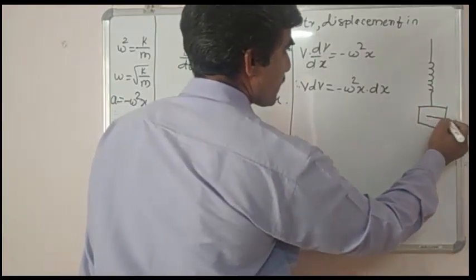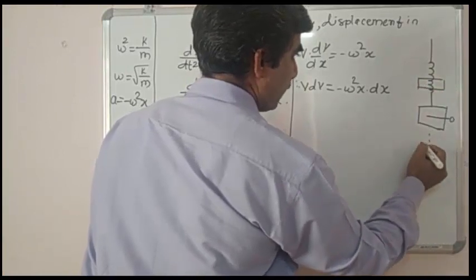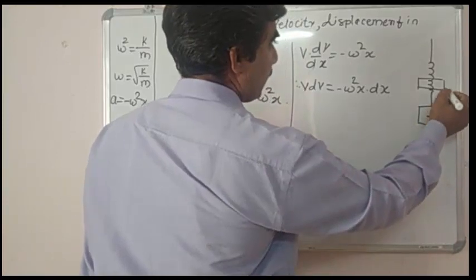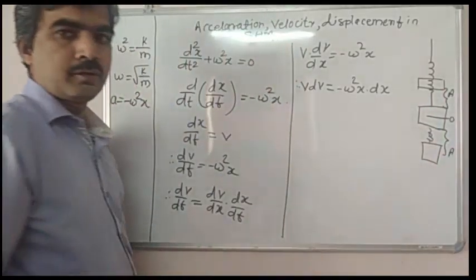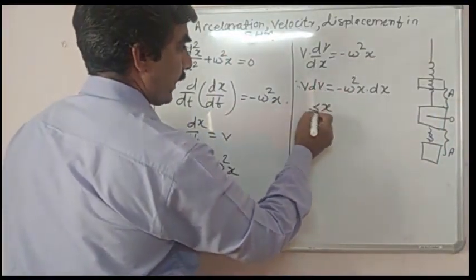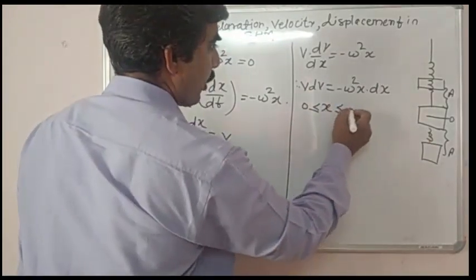This is the mean position, and let us consider these two as extreme positions. That means this is equal to amplitude, this is equal to amplitude. x has a value greater than or equal to 0 at mean position and less than or equal to amplitude at extreme position.